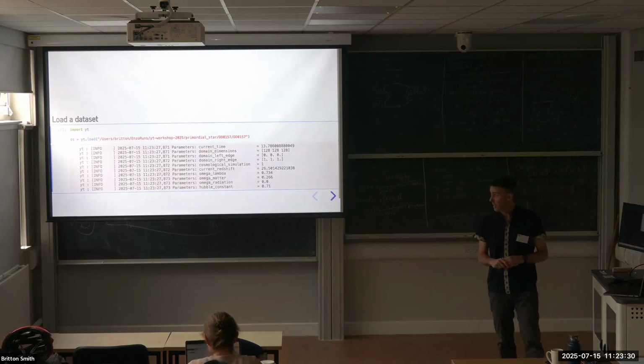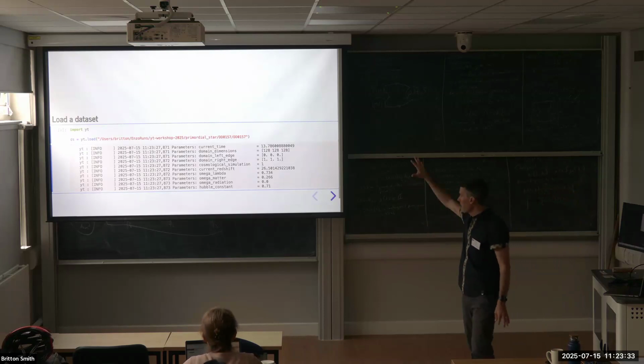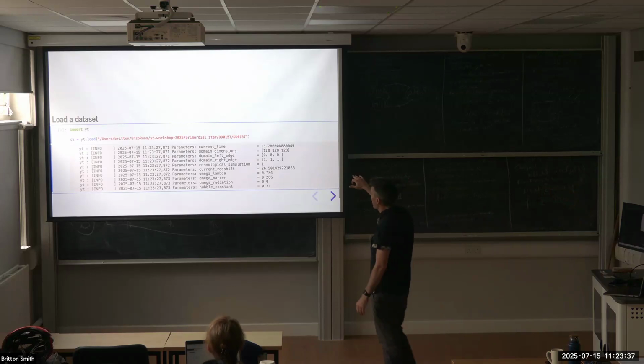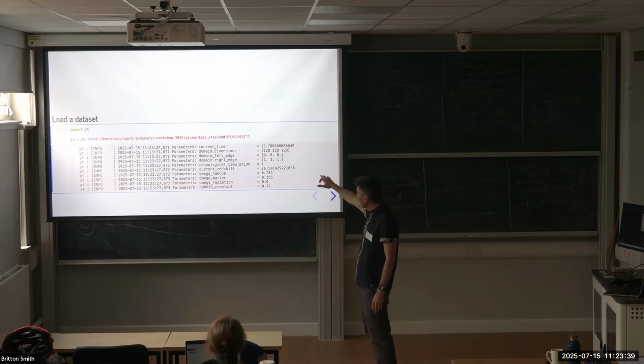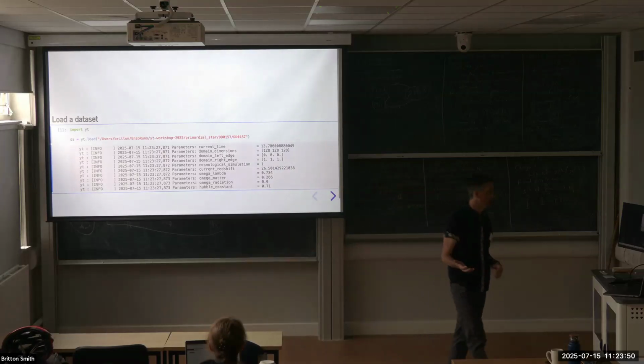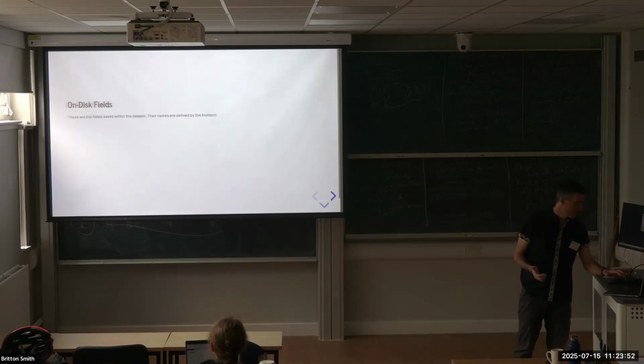So I've loaded one data set, and here we can see we have a bunch of this metadata, the time that the snapshot represented, some things about the domain size, and some metadata associated with the cosmological parameters associated with this cosmological data set, right? Okay.